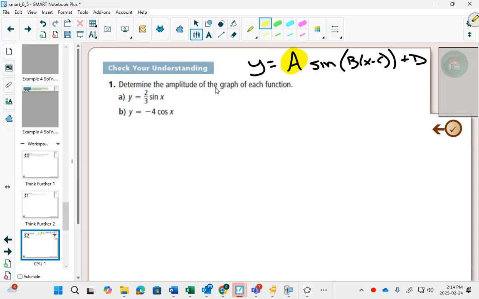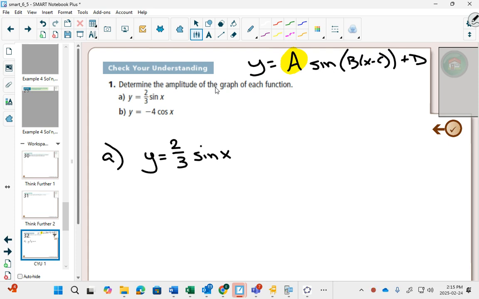Somehow you have to remember that the A value is connected to amplitude. However your brain makes that connection, A, amplitude, you probably have to use some very strategic memorization skills, because that's going to help us graph this as a shortcut. Okay? So for A, we want to graph y equals 2/3 sine x.